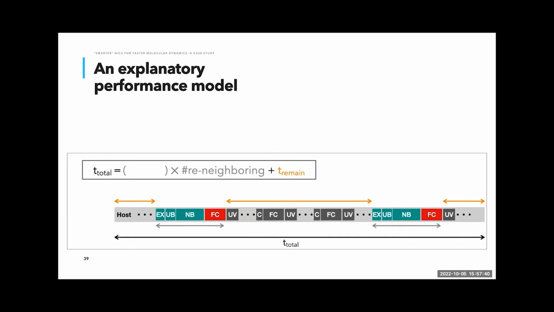As we explained before, we changed this part in our offload algorithm. And then there is the rest, which stays the same in offload and original MiniMD algorithms. Here we denote this part with T_remain. The time spent on the neighboring step consists of a single force compute routine denoted by T_fc and the neighboring routines denoted here with T_n.